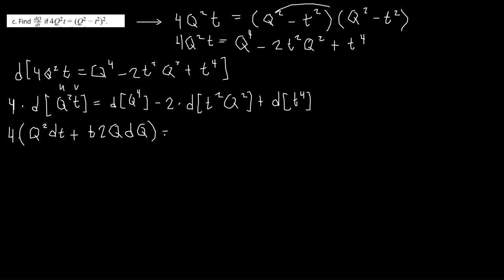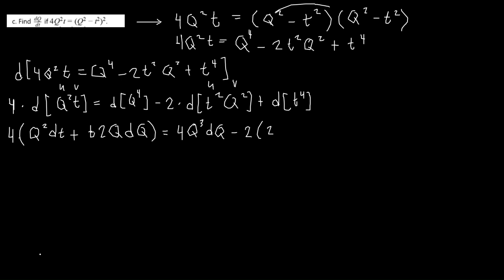And then equals, we can mentally do this, 4q cubed dq minus 2 times another product rule. Let t squared be your u and let q squared be your v.